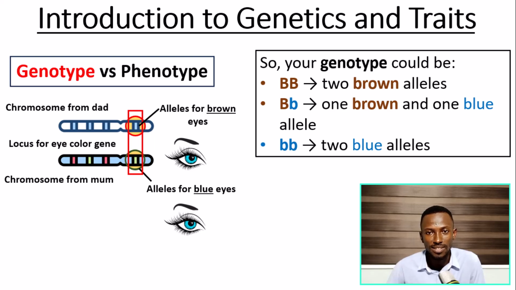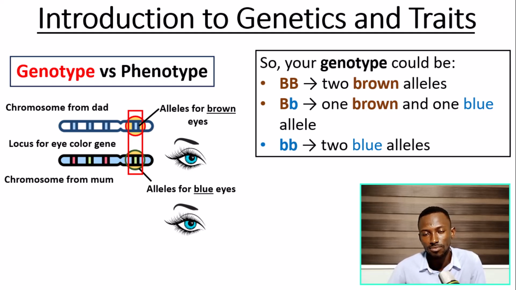Small b from dad, that's blue, recessive. Another small b from mom, blue, recessive. Before we proceed to the next slide, I would like to mention something. When you say capital B, capital B, that is two dominant alleles, and the genotype is referred to as homozygous dominant.